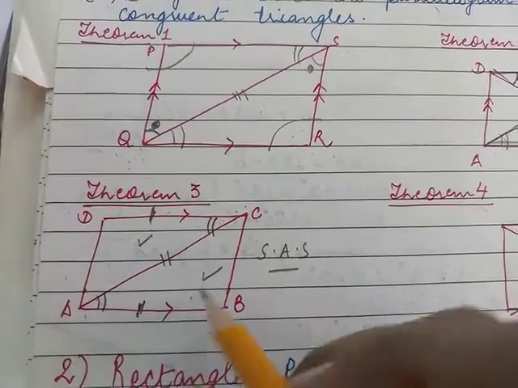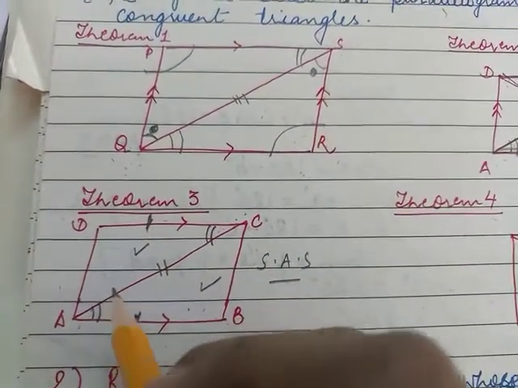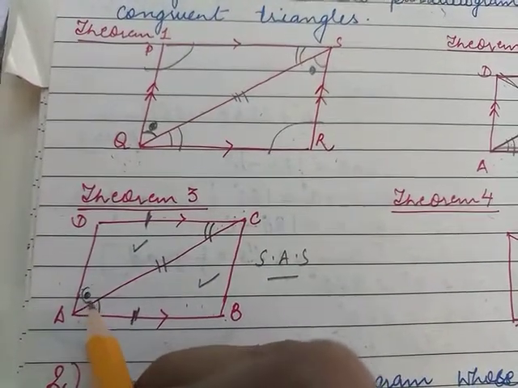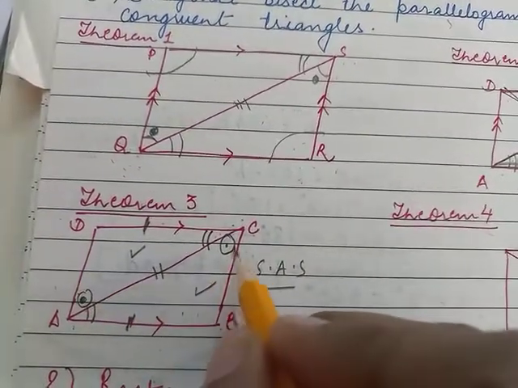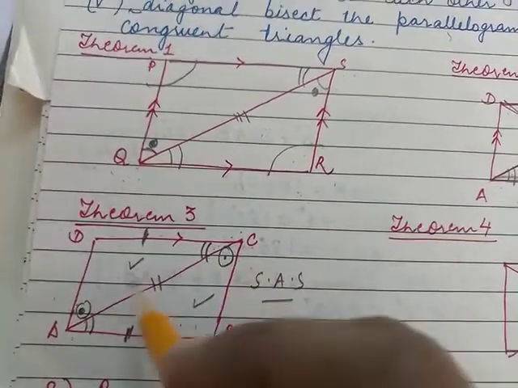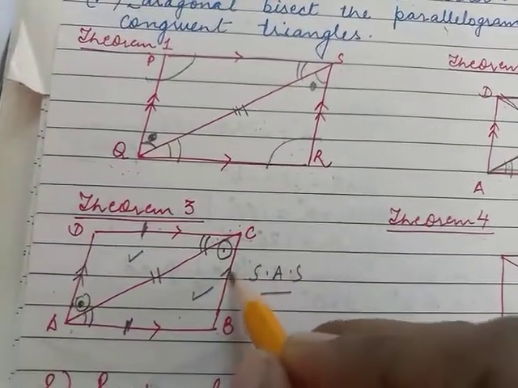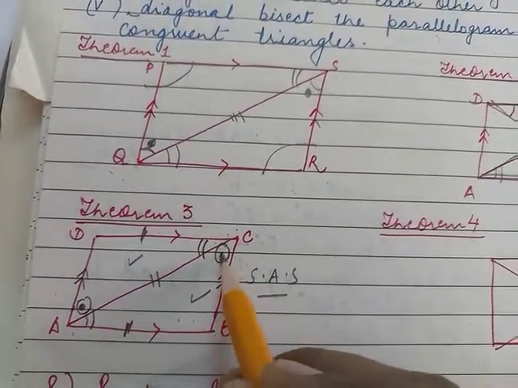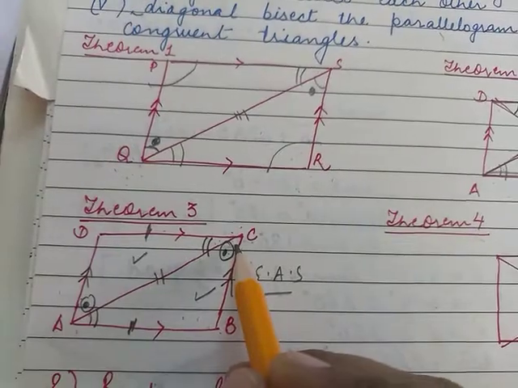Therefore, all remaining elements will also become equal. So, what are the remaining elements? Angle A will be equal to angle C. The moment angle A is equal to angle C, that means AD is parallel to BC. Why? Because these two are forming a pair of alternate interior angles.